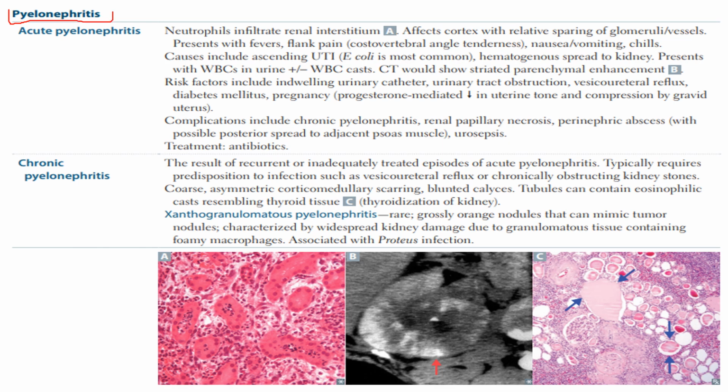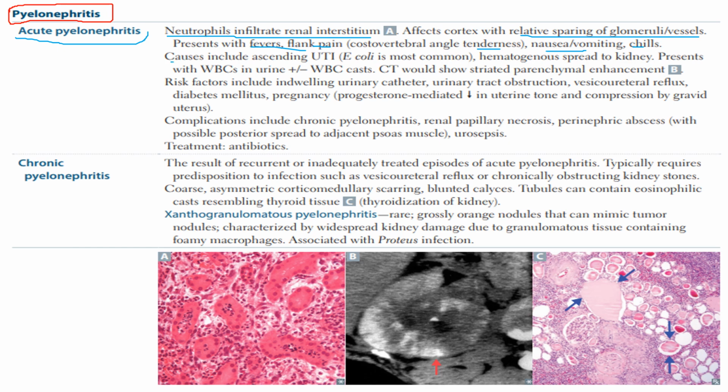Pyelonephritis, which is the infection of the kidney. Now we'll talk about acute pyelonephritis. It shows neutrophil infiltrate in the renal interstitium, affects the cortex with relative sparing of glomeruli or vessels, and presents with fever, flank pain, costovertebral angle tenderness, nausea, vomiting, and chills.